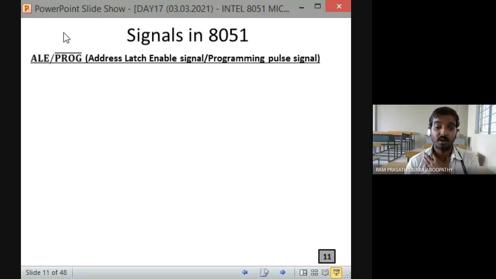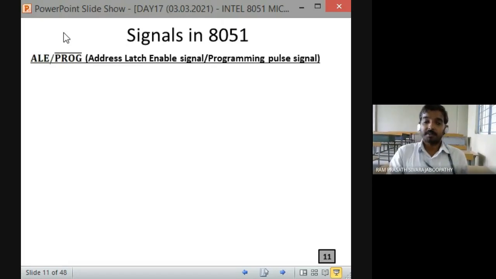Then next, ALE/PROG bar. You all know very well about ALE. What is the abbreviation for ALE? First of all, you type it in the chat. ALE stands for address latch enable. Very good. Okay. In which condition do we need this signal? Any idea? Yes, very good, Sajesh. Anybody from classroom 1? Yes.